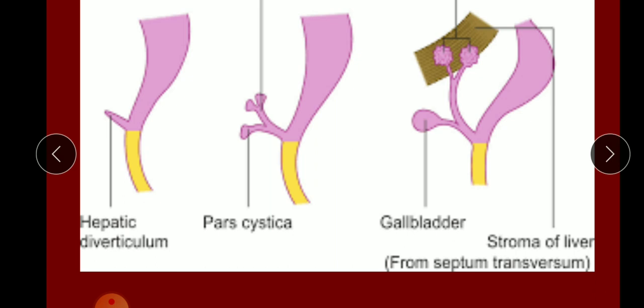The liver also has a fibrous capsule, termed Glisson's capsule. Then Kupffer cells and hematopoietic cells are all derived from the septum transversum. So these three derivatives should be in your mind when thinking of the development of the liver.